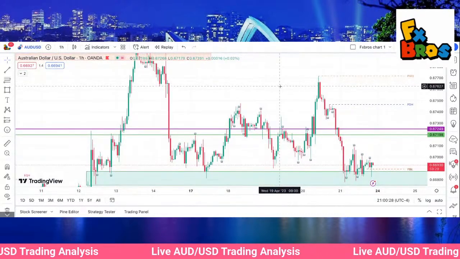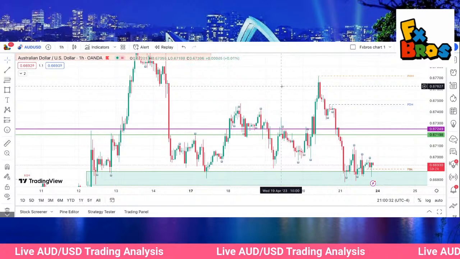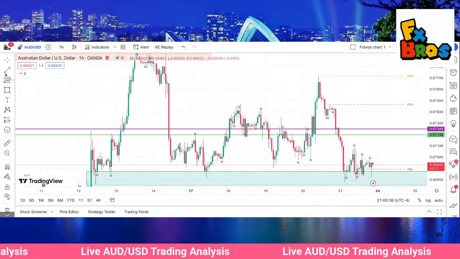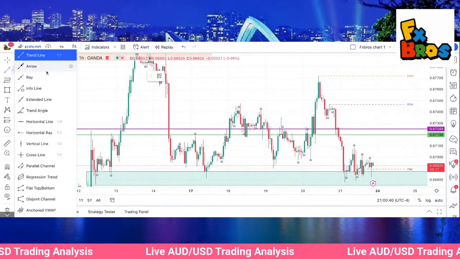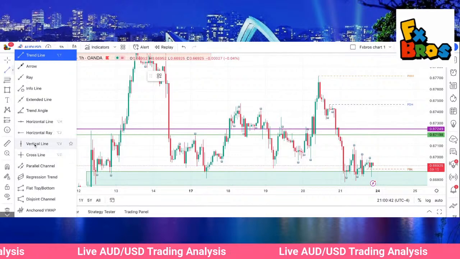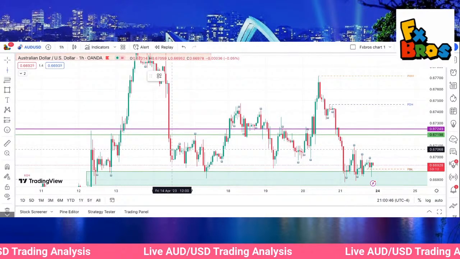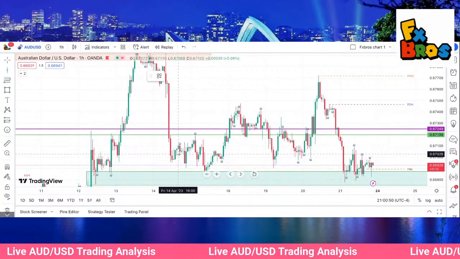All right. First of all, we're going to put up a vertical line to notate the previous week and when that started, so we know what area we're looking from. Monday, Sunday, Friday, 15th, right there.